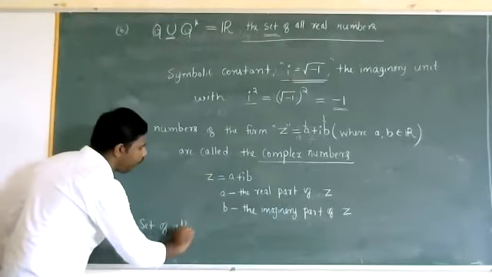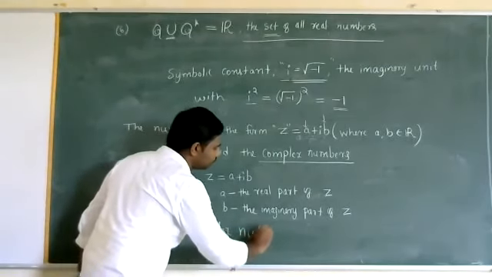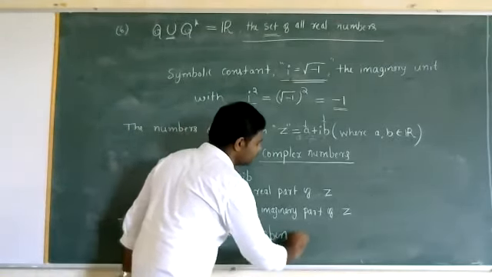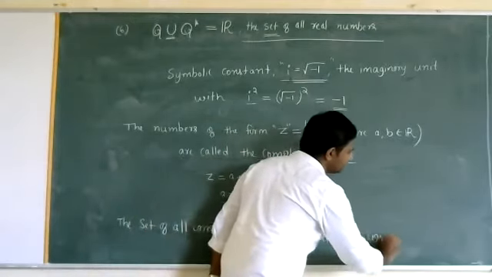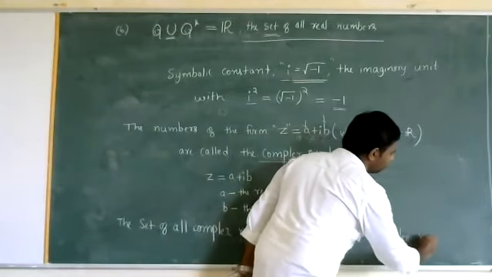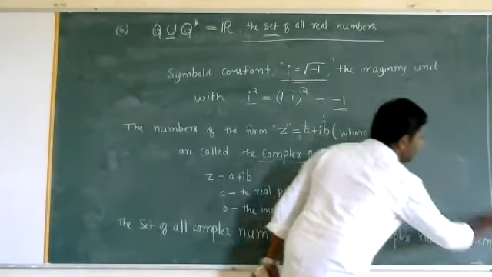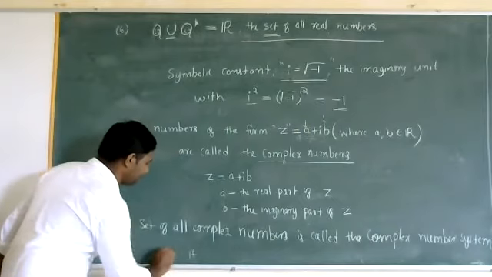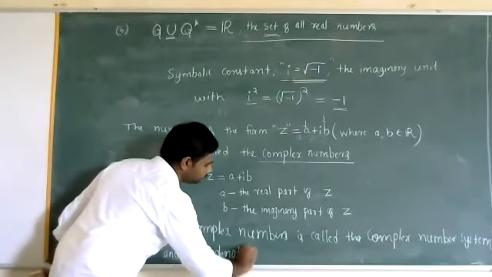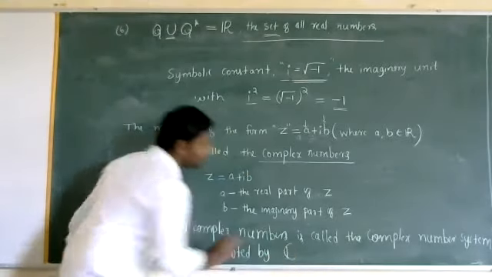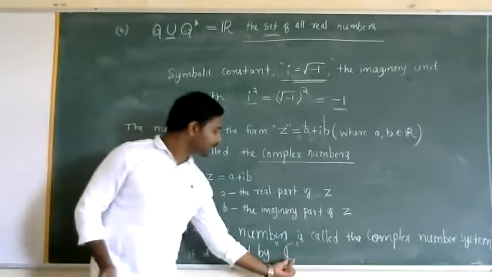The set of all complex numbers is called the complex number system, and we denote it by script C.